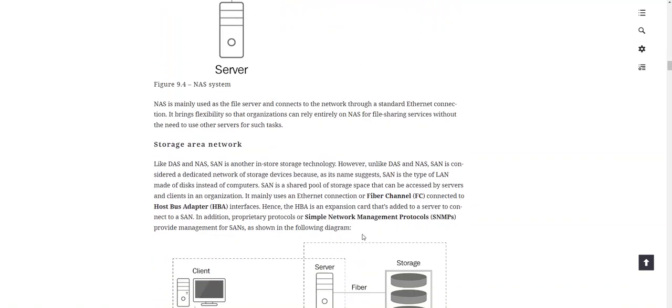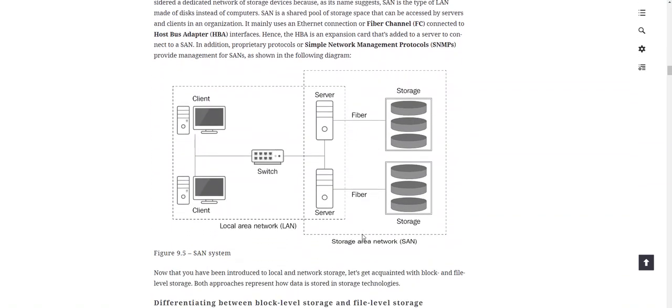As I said, most of this should all be a rehash for you. We have the clients, multiple servers that are connected over fiber to storage units. Now, we'll call these SANs, which is server connected to storage.